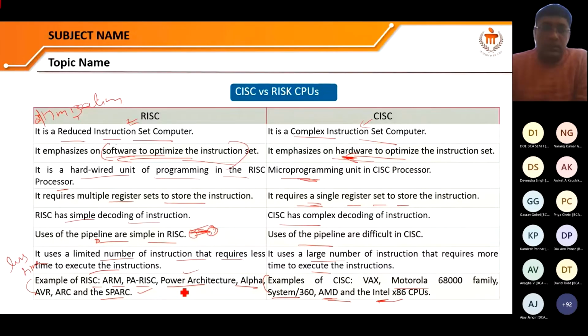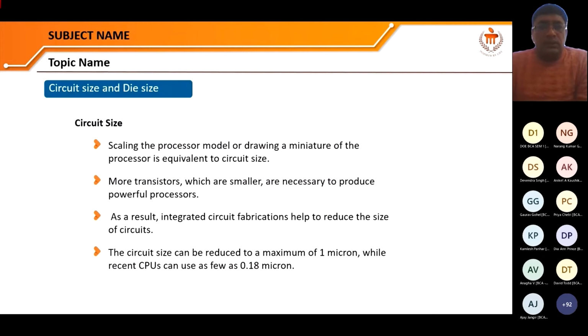After RISC and CISC, another important topic is circuit size and die size. What is the meaning of circuit size? Scaling the processor model or drawing a miniature of the processor is equivalent to the circuit size. What is the meaning of a processor model?